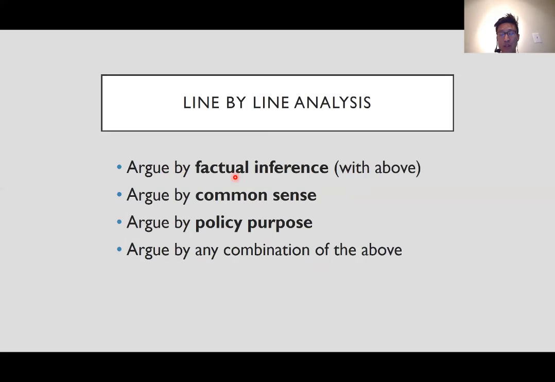You can also build on these things by arguing by way of factual inference. I've done videos on this, but it's one of these where there's smoke, there's fire. So an example of this is, in the videos, you never see the people throwing the pies, and yet you infer intent by factual inference, because pies don't throw themselves, and there's no evidence that there's a pie throwing machine.